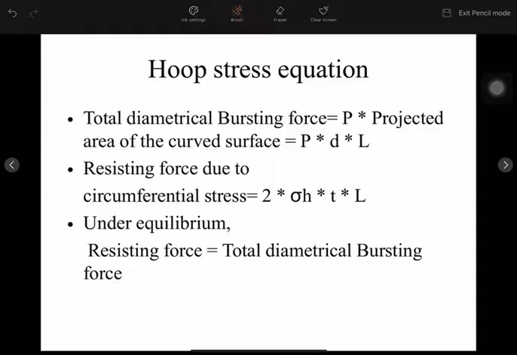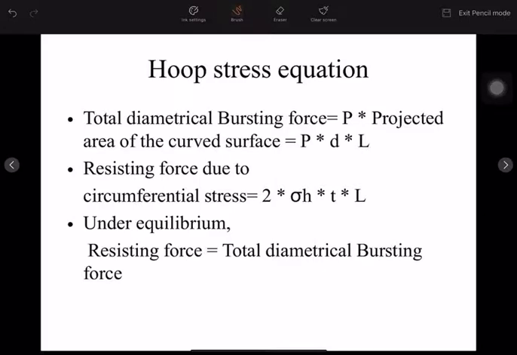So how we can calculate this hoop stress: there is a small derivation to create an equation for calculation purposes. Generally there will be two types of forces under equilibrium, one is the resisting force and the other is the one which will create an effect on the member.